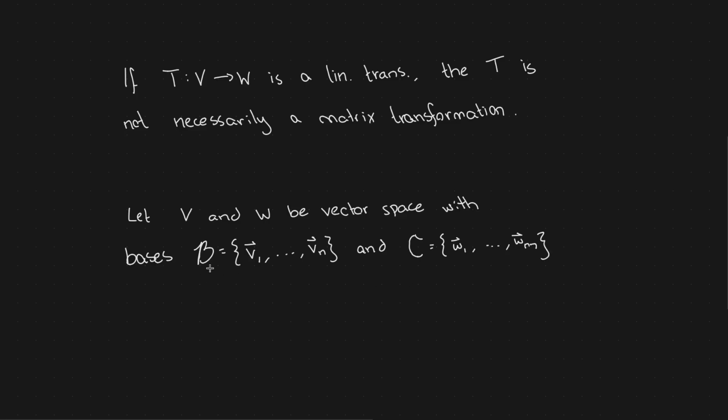So that means vector space V and vector space W are both finite dimensional vector spaces because they both have finite bases. V is an n-dimensional vector space. W is an m-dimensional vector space.